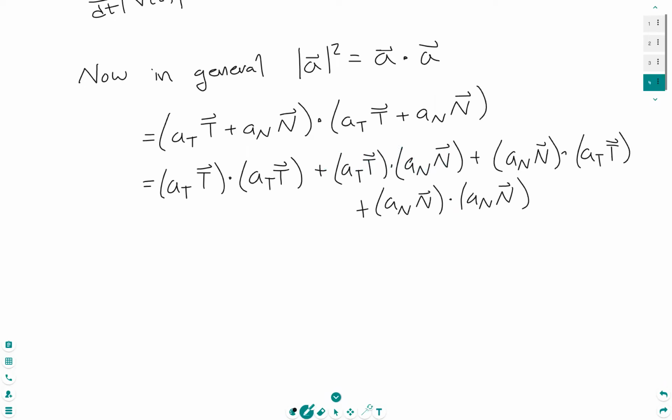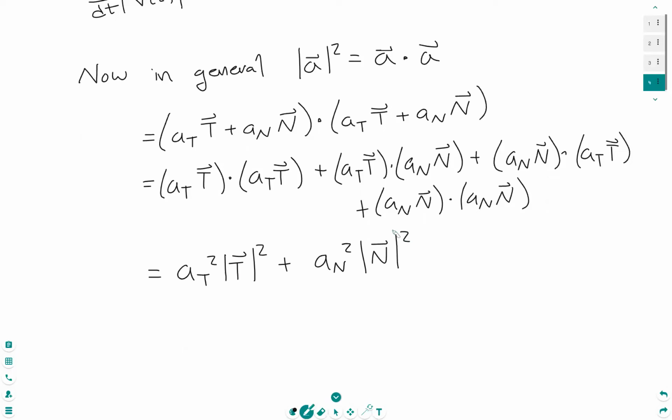So we're left with at squared times the magnitude of t squared, plus an squared times the magnitude of the vector n squared.